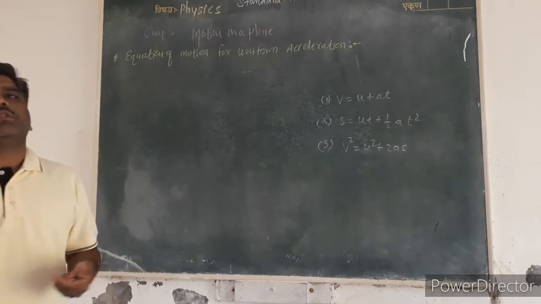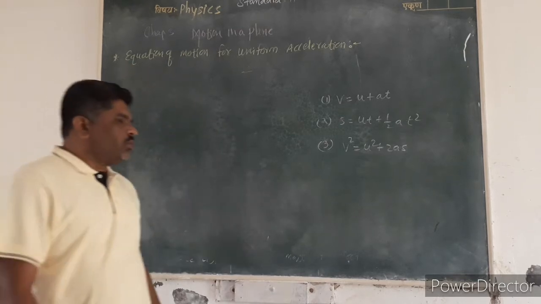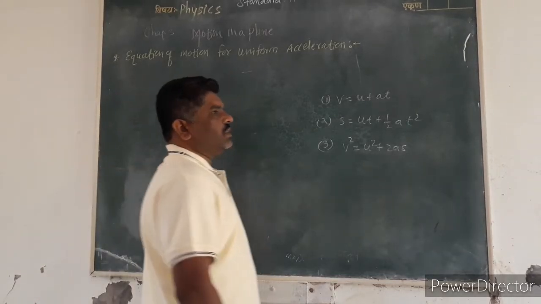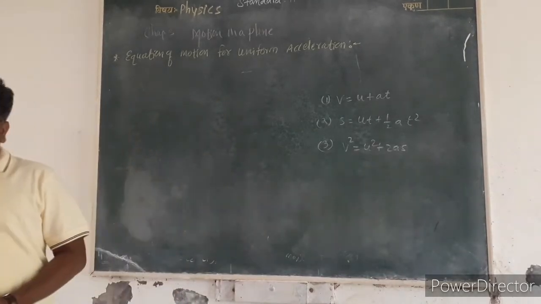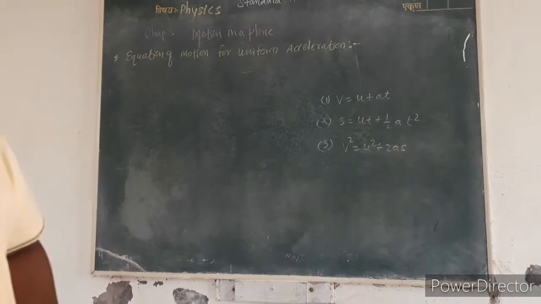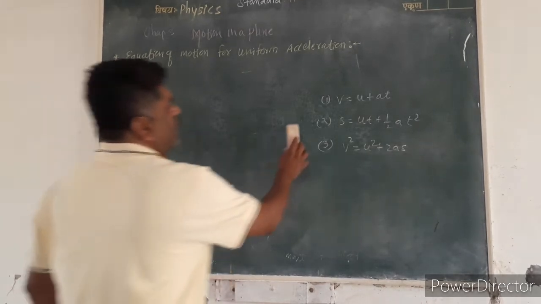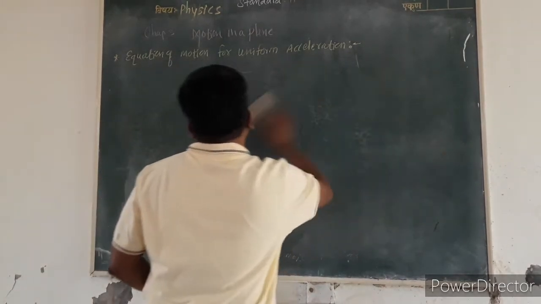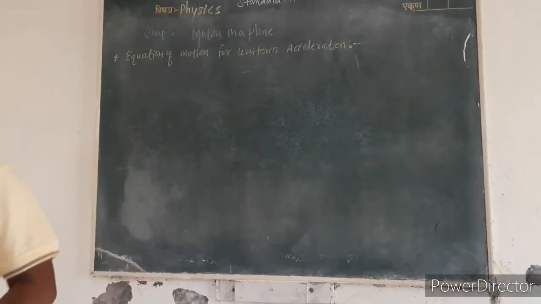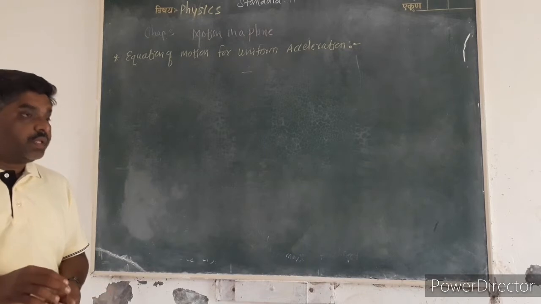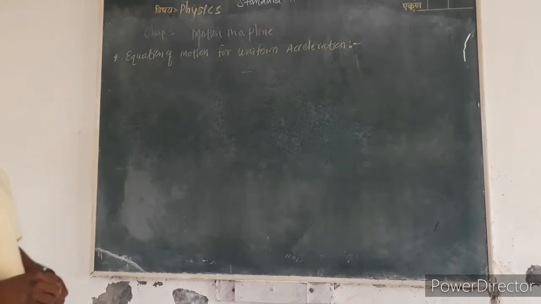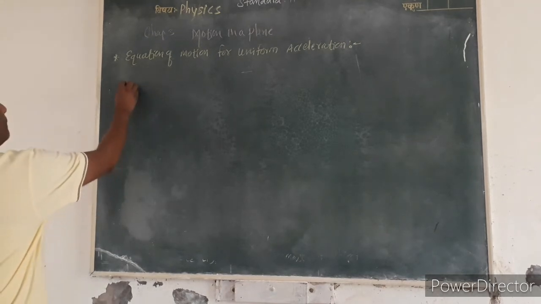These equations are proved using the graphical method. Using graphical terms we prove these equations. Now we use the velocity time graph.